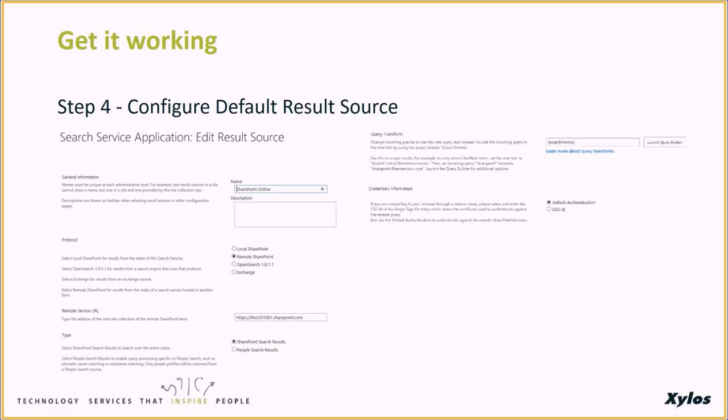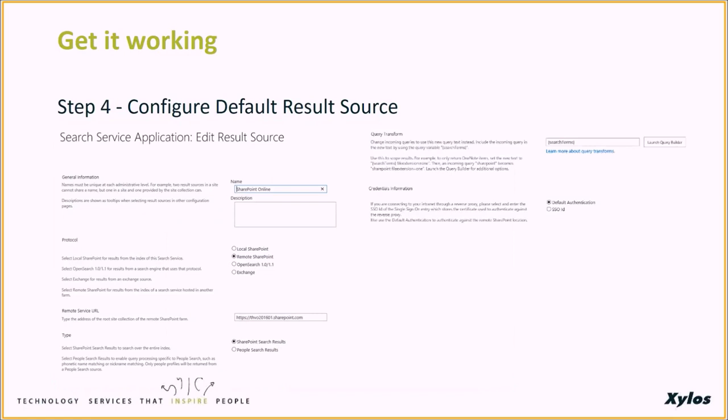But the on-premises index, it's still there, but it's empty, so you will not get any results. So that's why you have to create in your search service application a separate result source, and I'll show you how that's configured. So you give it a name, you specify that it's remote SharePoint, and you just give it the URL of your SharePoint Online tenant, and that's it.